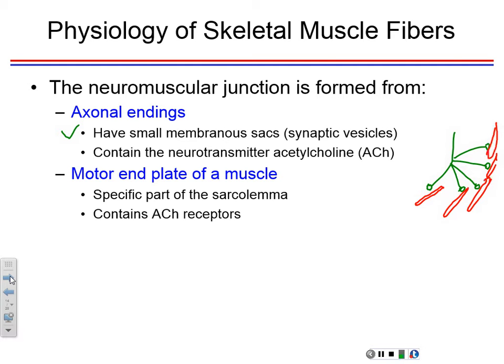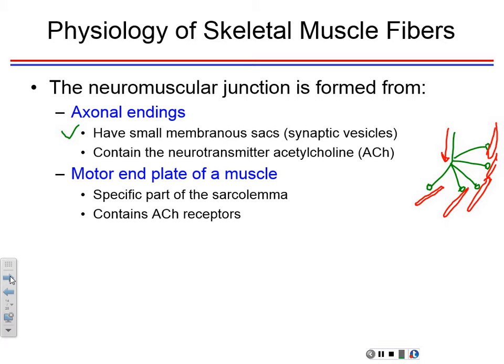So the synaptic knob is the presynaptic membrane, because this is pre-synapse. Synapse is that functional connection between the two, right? It's full of vesicles that have acetylcholine in them. So when the impulse comes along here, it's going to stimulate exocytosis of those vesicles carrying acetylcholine.